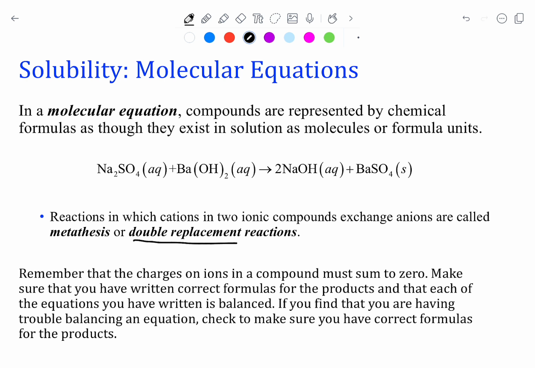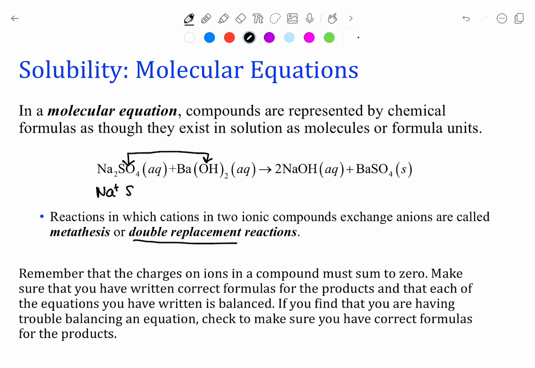So let's look at the example I have here on the screen. We have sodium sulfate and barium hydroxide react to form sodium hydroxide and barium sulfate. So we can see that all we did in this reaction is switch those anions, right? We said that we have anions in solution.